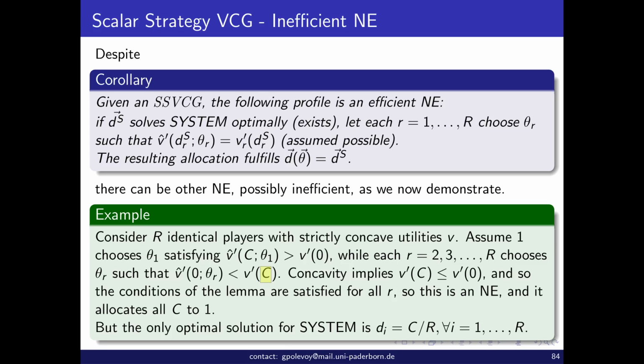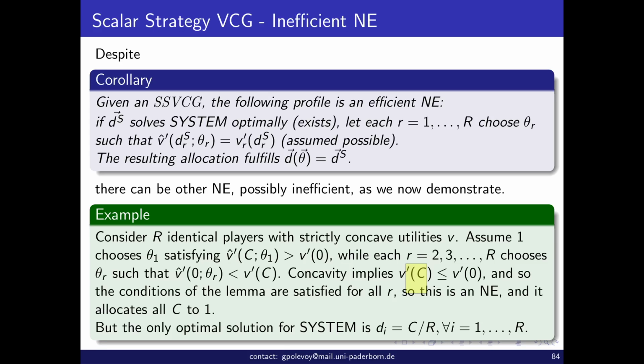Now, these conditions together with the concavity implied condition that the derivative at the end, when you get almost all the resource, is at most the derivative in the beginning. So the derivative cannot increase, and that's from the concavity, and then it can be shown.